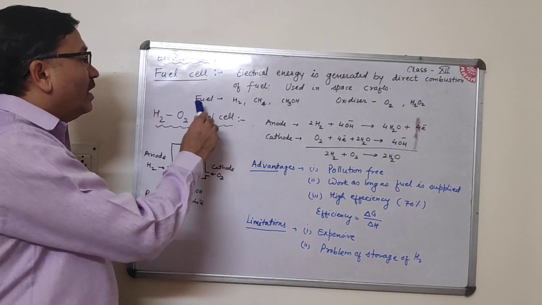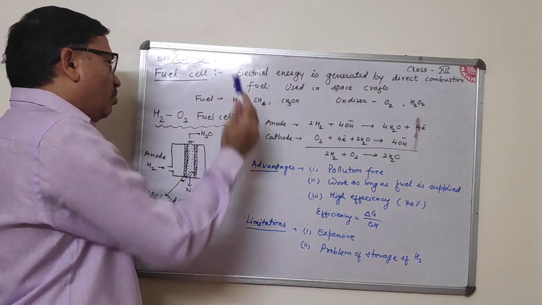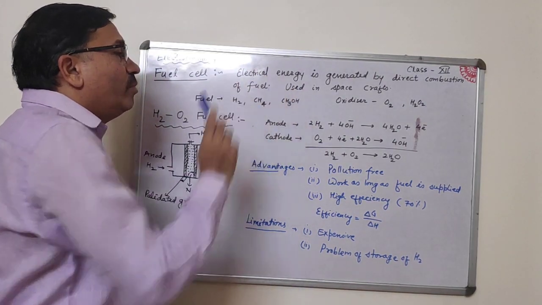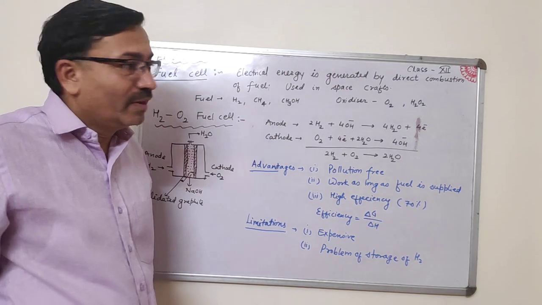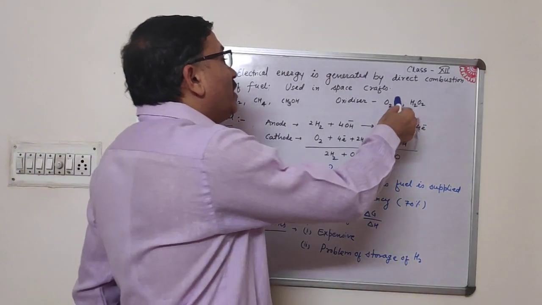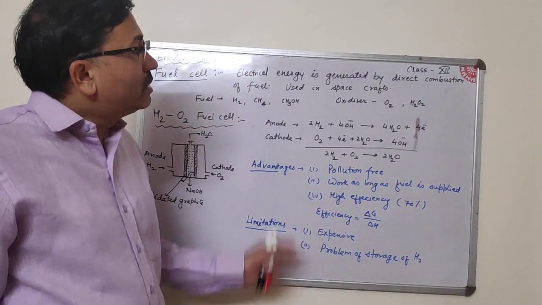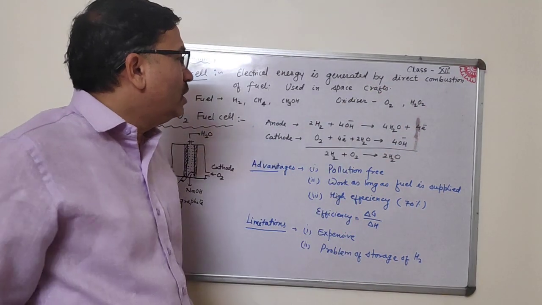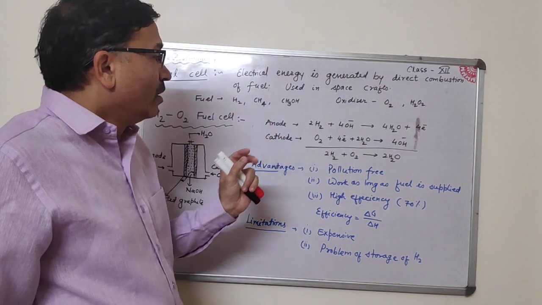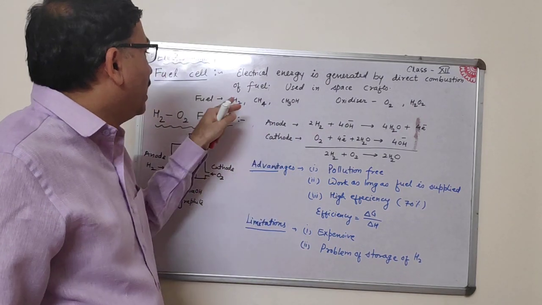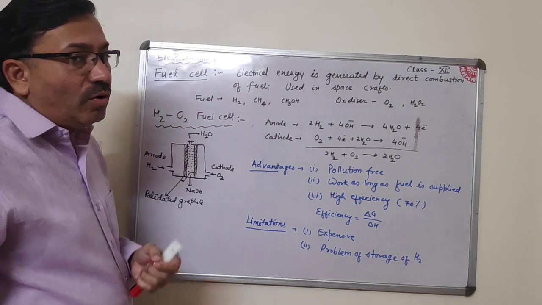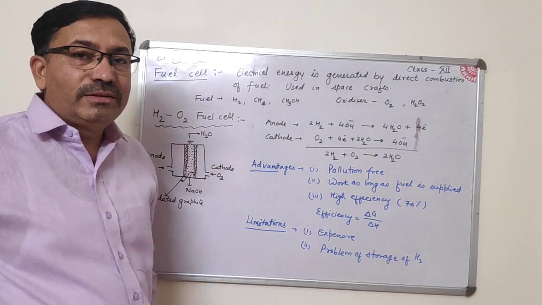So generally in fuel nowadays hydrogen is used exclusively, but apart from hydrogen, methane can be used, methanol can be used. And as oxidizer, we are using O2. Instead of O2 we can use H2O2 and we can use HNO3 also, but O2 is very convenient for us, like hydrogen is very convenient. We have the hydrogen oxygen fuel cell in our syllabus.